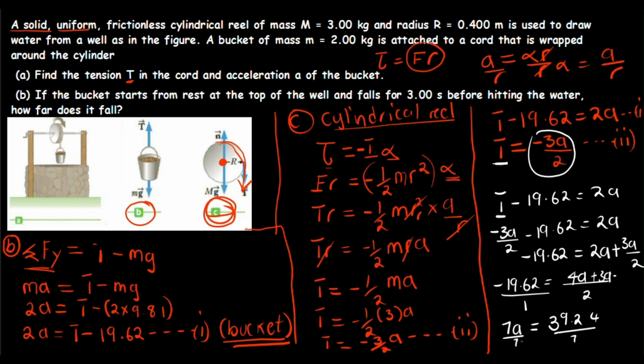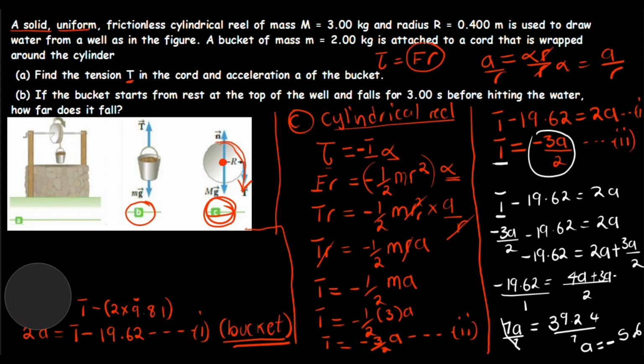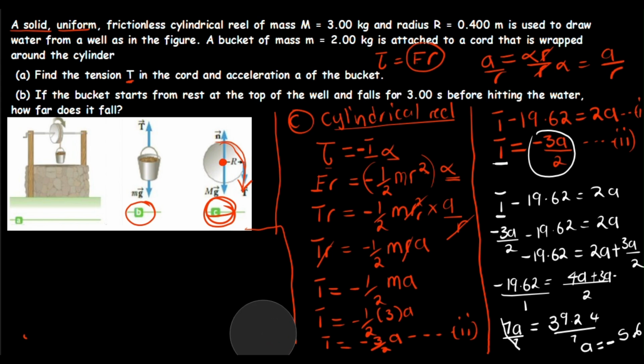I'll divide by 7, meaning that A is equal to negative 5.6. That is the A there. So I have found that A, it is negative 5.6.